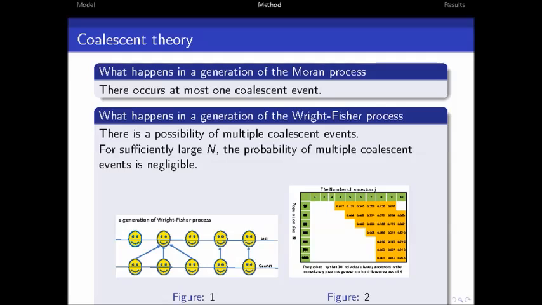Figure 2 demonstrates for different population sizes the probability that 10 individuals have the same ancestors in the previous generation. The right section omits the probability less than 1,000. We can conclude that for large populations, the probability of multiple Coalescent events is negligible.